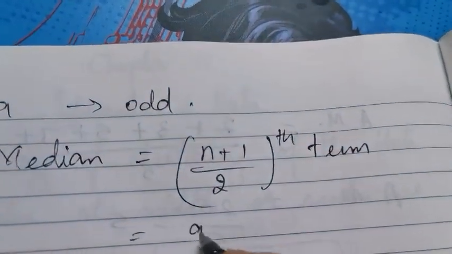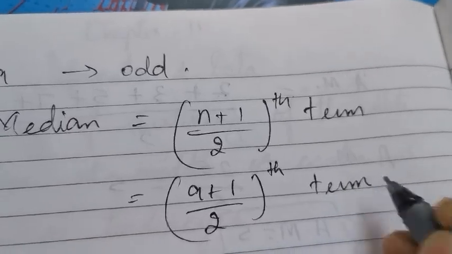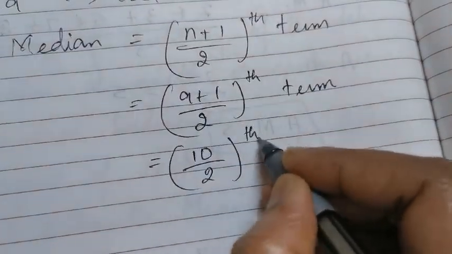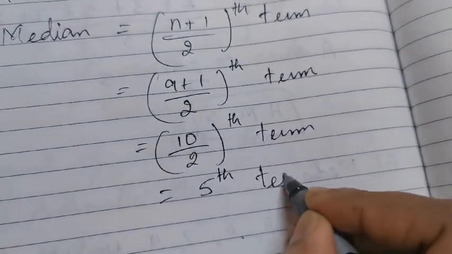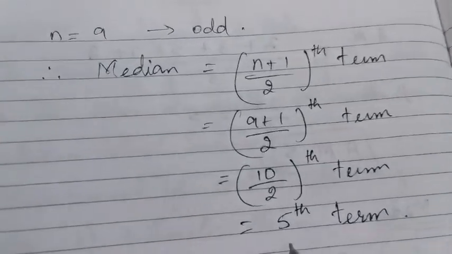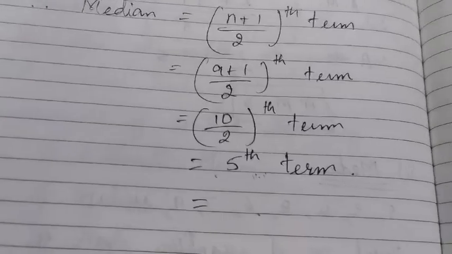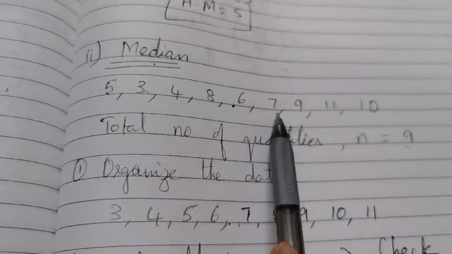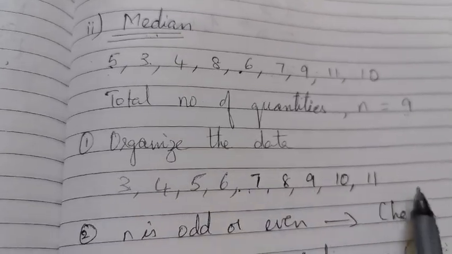So it is 9 plus 1 by 2 term, which is 10 by 2 term, which is equal to the fifth term. Now we have to find which is our fifth term in the given data. We should always check in the organized data and not in the disorganized data. It is a best practice to check in the organized data.